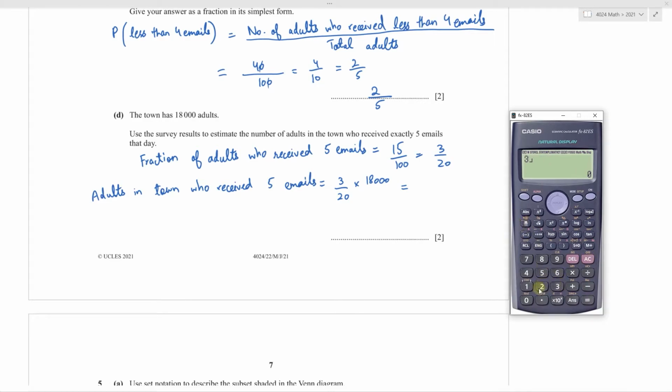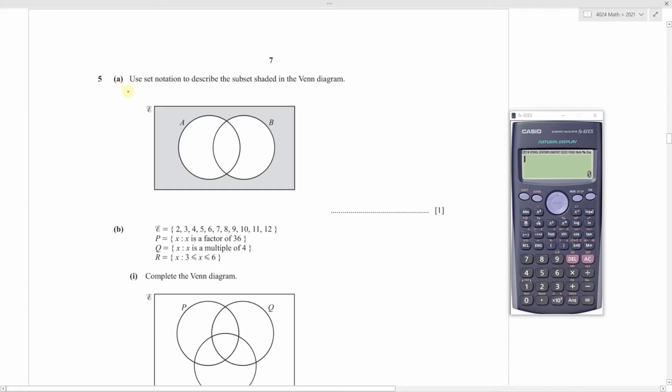So 3 over 20 multiplied by 18,000. So this is 2,700 adults in this town will receive 5 emails that day. So 2,700.